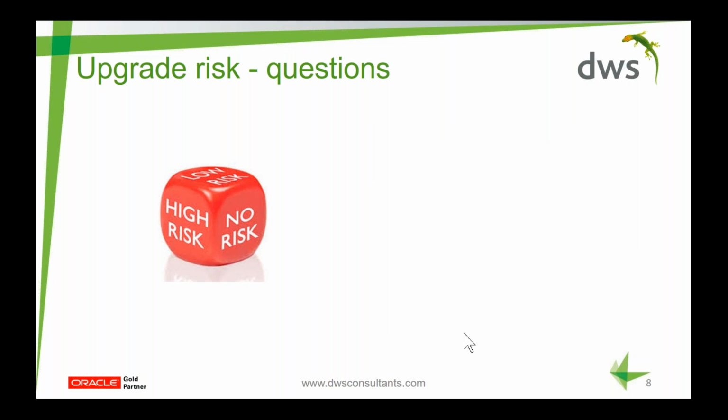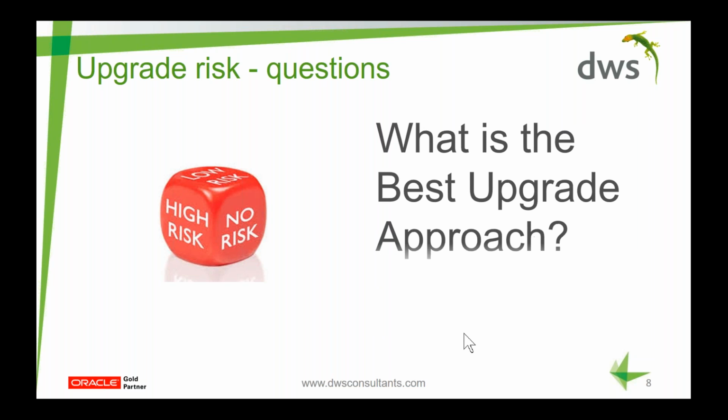We now come to two really fundamental questions. Firstly, what is the best upgrade approach? Now, in order to determine the best upgrade approach, you need to determine whether it is better to keep your modified copies of standard objects and test them thoroughly to ensure they continue to function correctly, or determine the Oracle sourced enhancements to the base objects in the new release and port these to your existing copy?